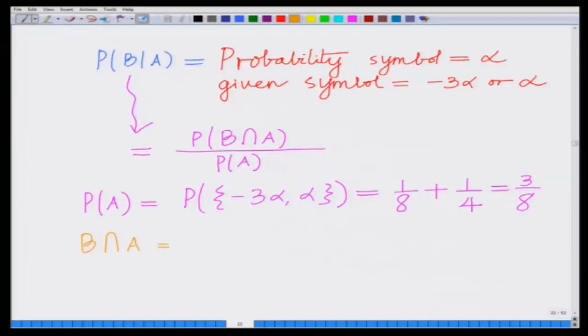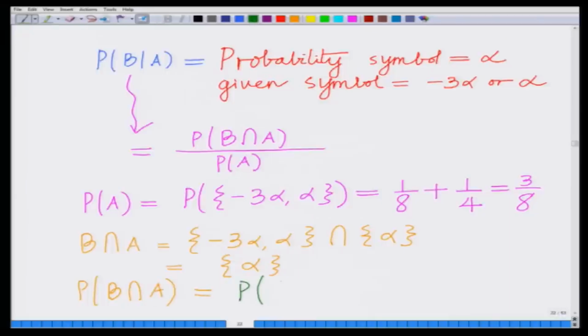B intersection A is basically minus 3 alpha comma alpha intersection alpha, which is B, and this is basically the set alpha. Therefore, the probability of B intersection A equals simply the probability of alpha, which is equal to 1 by 4.